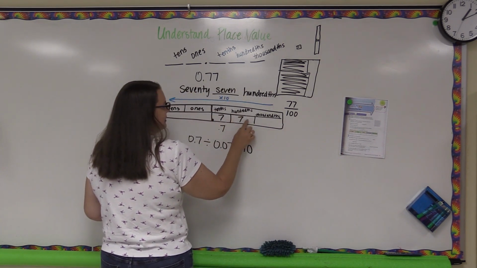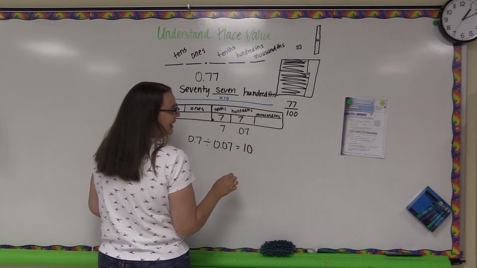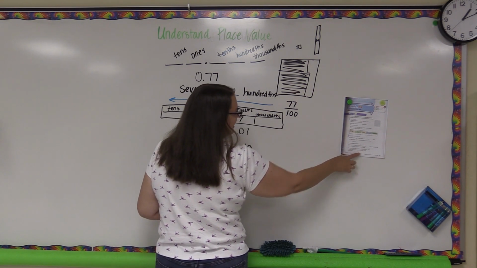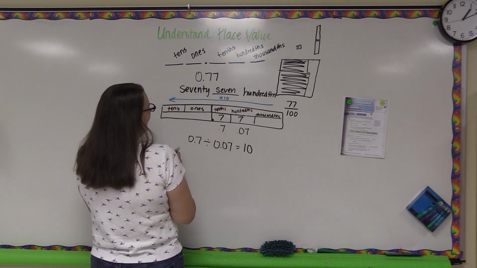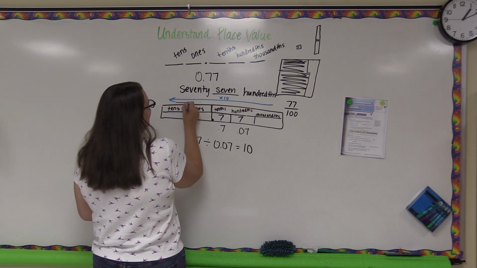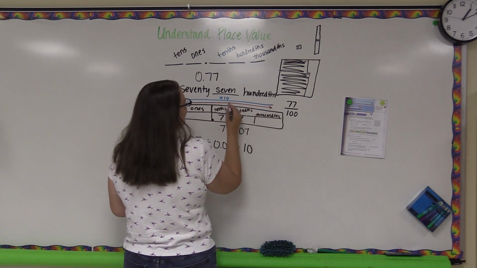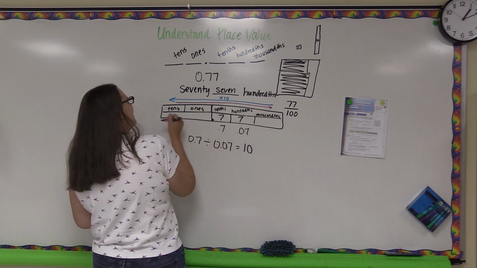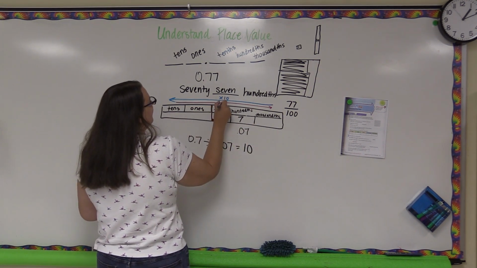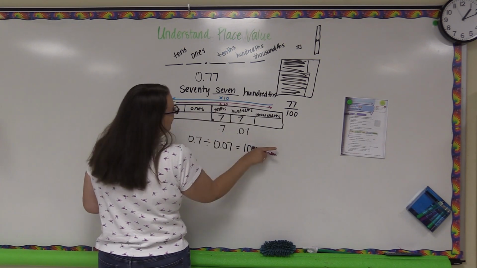This digit right here, the value of that, notice there's a fraction here. Because when you move this way you multiply, that means when you're moving the opposite direction, you're going to do the opposite of that. So if you multiply by 10 each space that you go up, you're going to divide by 10 when you're going down.